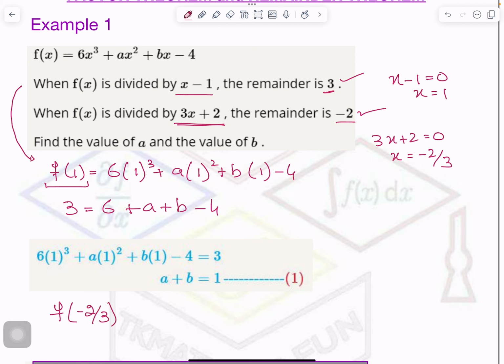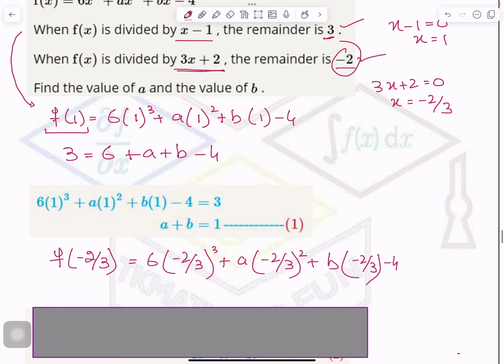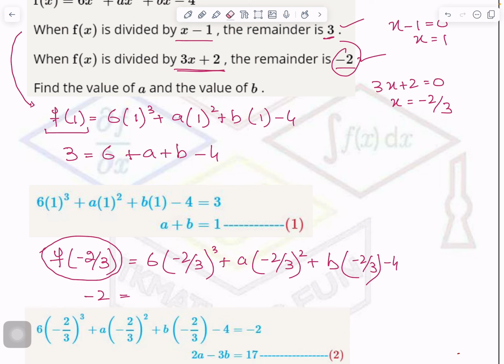So it will be minus 2 upon 3 cubed plus a times minus 2 upon 3 squared plus b times minus 2 upon 3. In this case, my remainder is minus 2, so instead of this whole thing I will write minus 2, and then I will simplify it. After that, I will get another equation.